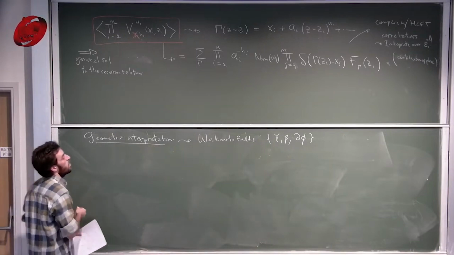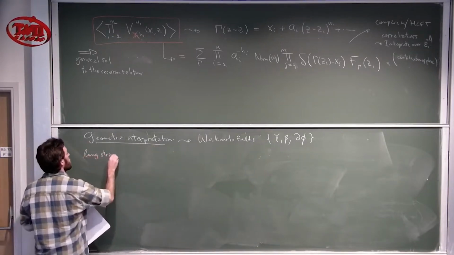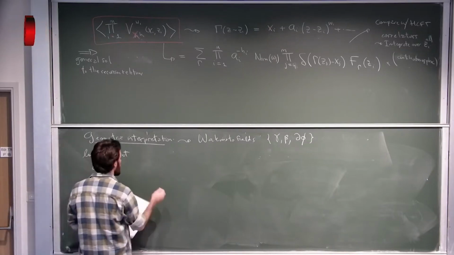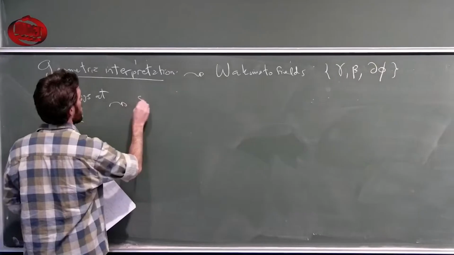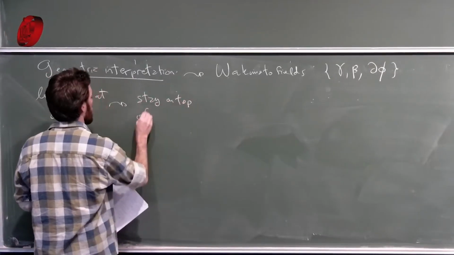However, because we are looking at long strings at j equals 1/2, these are long strings which stay on top of the boundary of AdS.